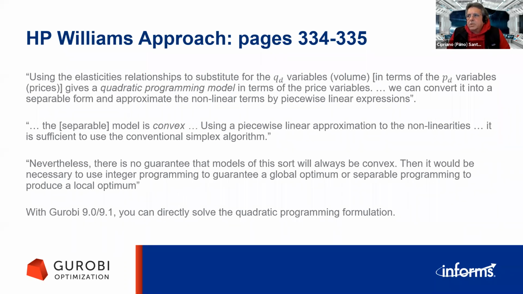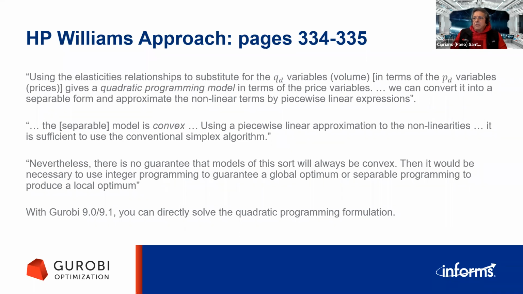But in general, these acrobatics that they use to be able to linearize the problem or to make it separable and all of that might not happen. The quadratic problem might not be convex and things like that.